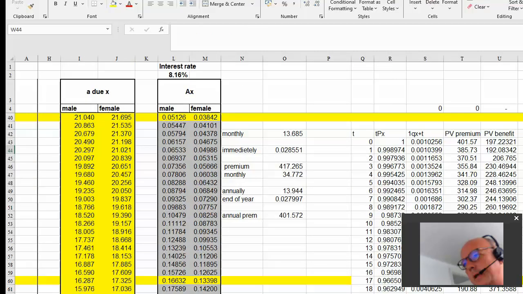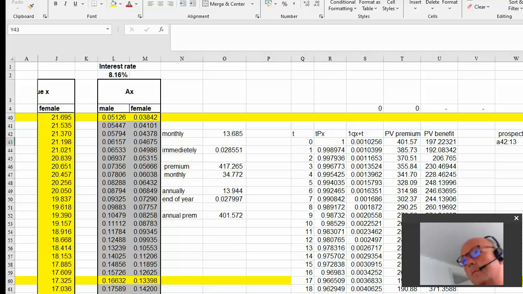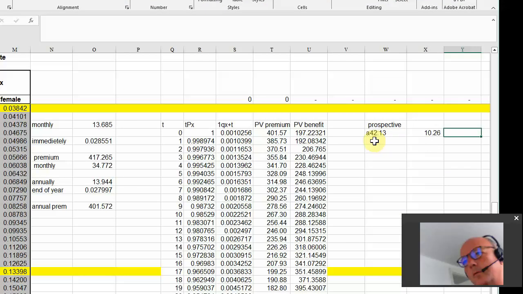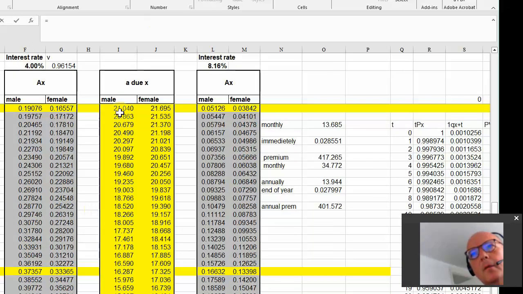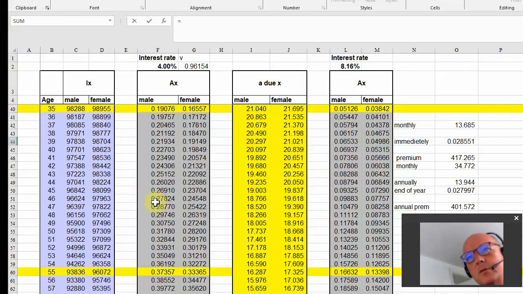Okay, so that's A 41.42, and then A, which is the same calculation for assurance, which again is going to be A42 minus that over that times 1 over 1.04 to the power of 13 times that.